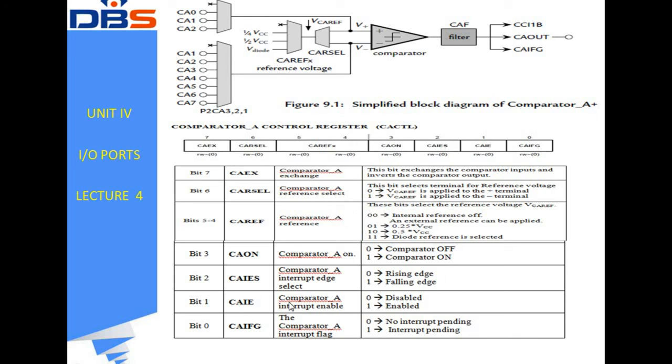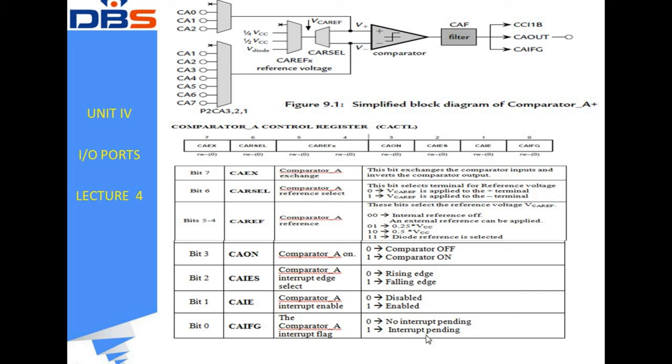Here it is a 7-bit register, bit 0, bit 1, like this. Coming to bit 0, this is the comparator A interrupt flag generator. Interrupt flags are generated here.